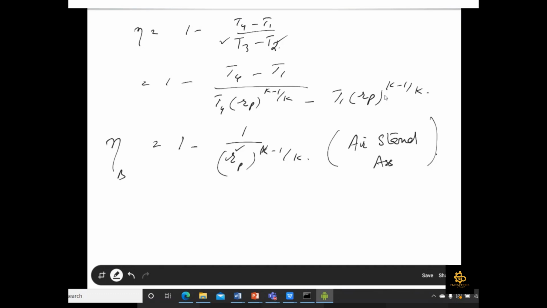Yeah, the meaning is the same. In the dual cycle, you denote the pressure ratio with beta, and it is the same thing; here we only present it with RP. So it is also the pressure ratio, same as for the dual cycle, but definitely the working principle of the dual cycle is different from the Brayton cycle.